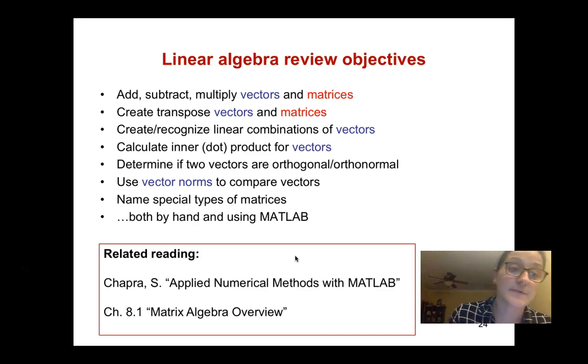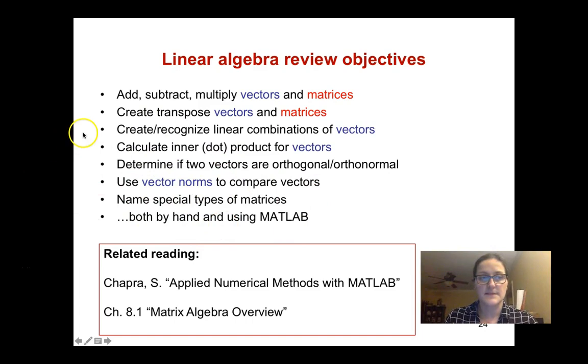For vectors, we want to calculate inner product or dot product, figure out whether two vectors are orthogonal or orthonormal, and use vector norms to compare them. We will also name special types of matrices, and we'll do that both by hand and using MATLAB. So today specifically, we're going to focus on matrices.